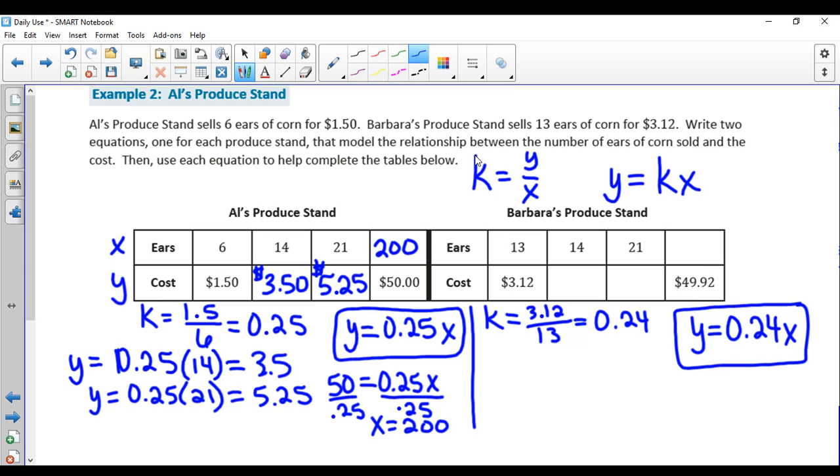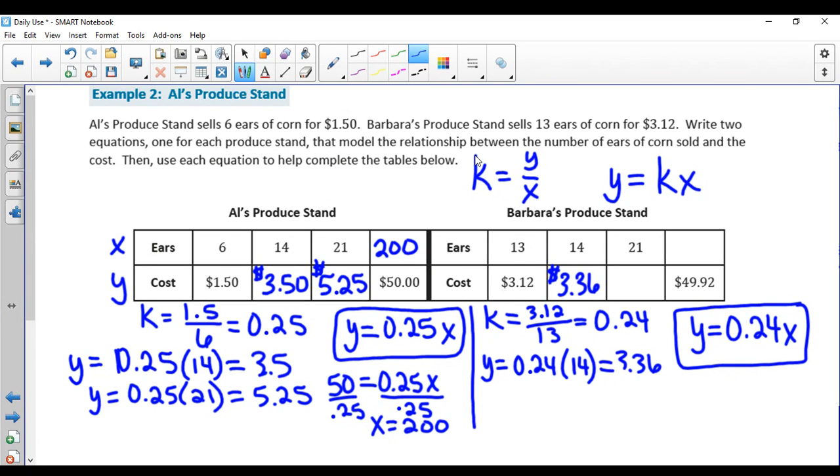To find the cost for 14 ears of corn, we're looking for our cost, or y. y equals 0.24 times 14, which equals 3.36, or in the box, $3.36.